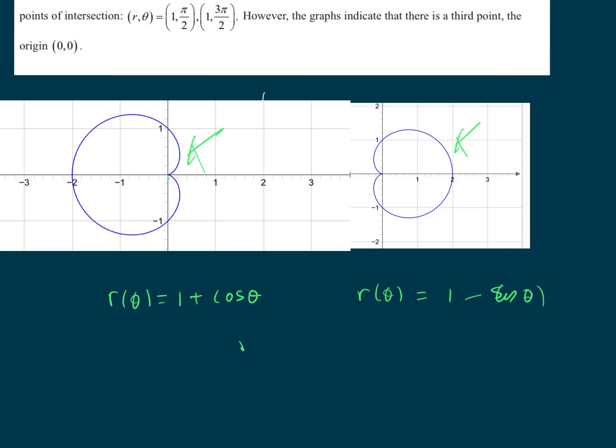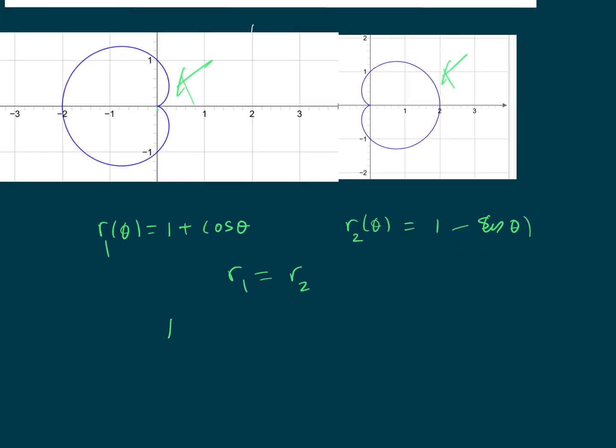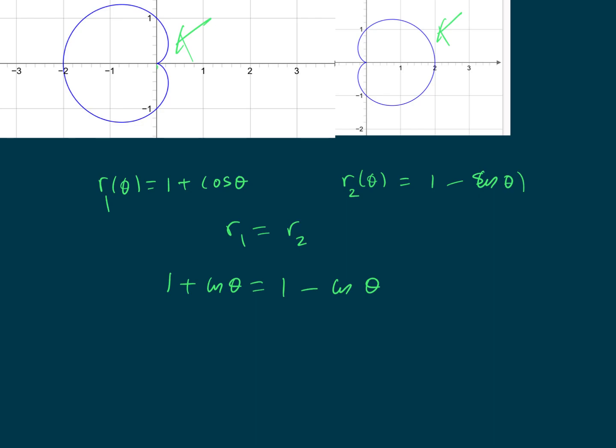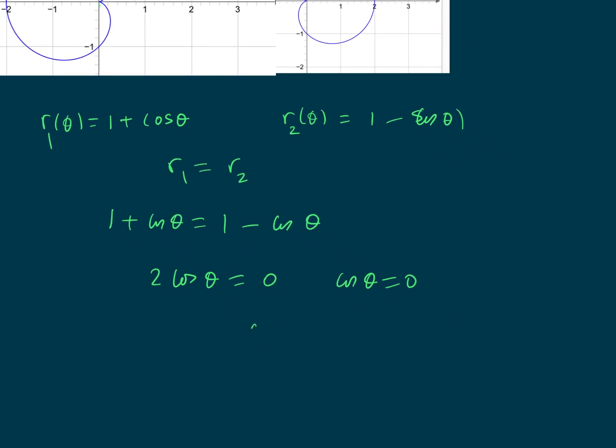So when R1 is equal to R2, it is because 1 plus cosine of theta equals 1 minus cosine of theta. So this means that 2 cosine of theta equals 0, or cosine of theta equals 0, so theta equals pi divided by 2 or 3 pi divided by 2.